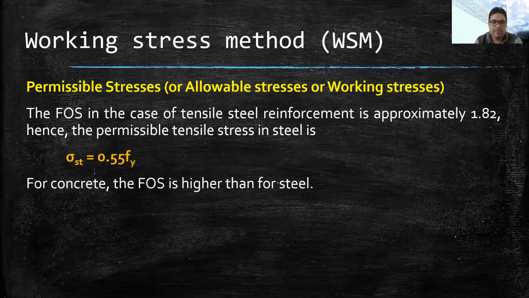We need to have a safety factor for concrete also. So there you can see for concrete, the factor of safety is higher than the steel. Why? Well, we use less safety factor in case of steel because the manufacturing and the quality control of steel is good, and we can trust the strength of steel. But in case of concrete, the strength of concrete is affected by many factors like the curing, the proportion of the material, the ingredients of the material, and their properties.